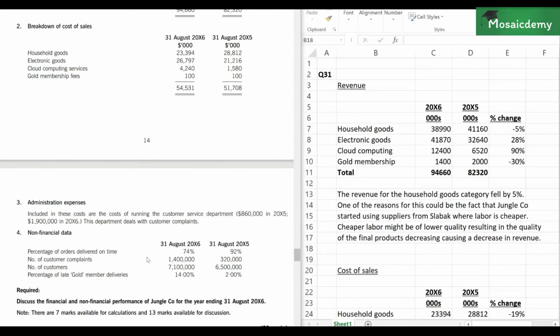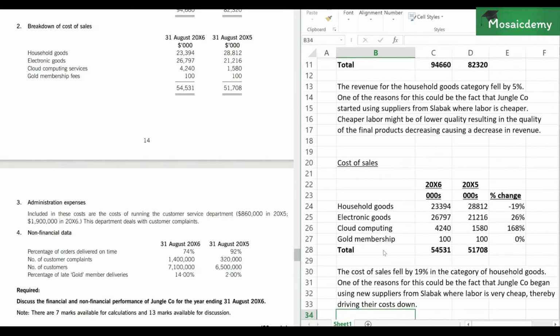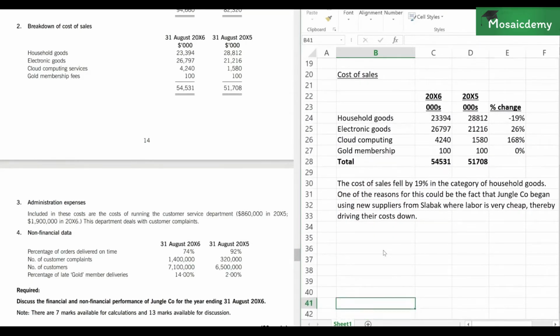And if it's going down, we can say anything good is causing that decrease in customer complaints. Over here, we can see customer complaints have increased drastically. And one of the reasons possibly could be that they're using cheaper quality labor. So we can mention that with a heading down below. We can use the heading of non-financial data.